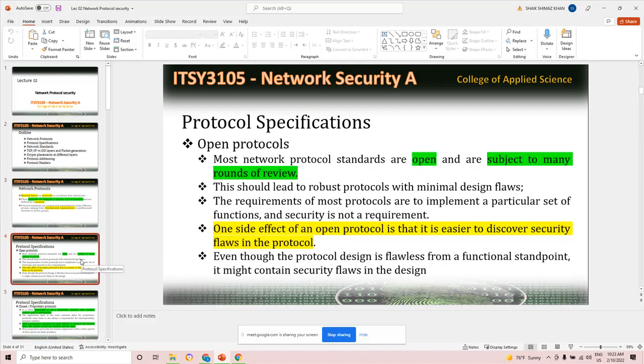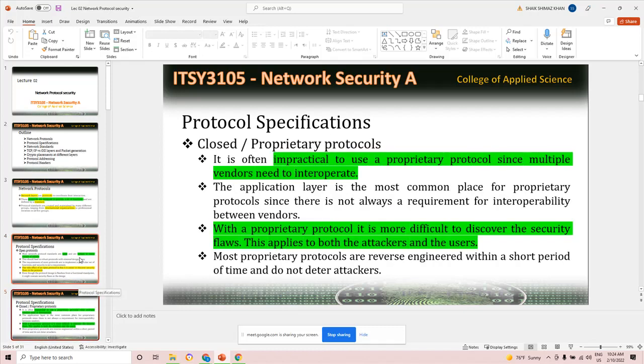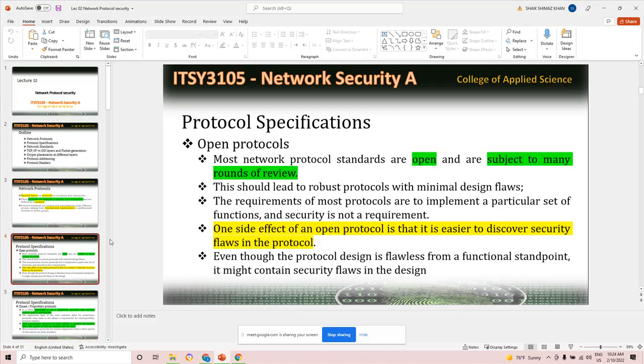Whereas in the case of open protocol, it is easier to discover the security flaws in the protocol. So this is the difference, students. Open protocol is developed by community members. You can even become a member of some community, and you can give review comments.